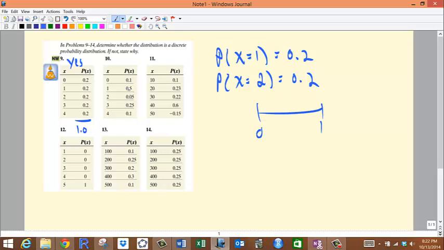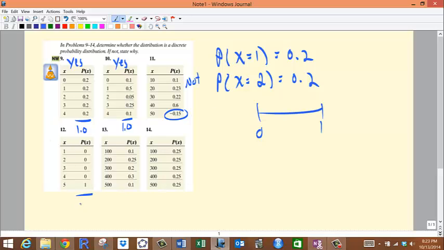So let's try this one over here. All the probabilities must add up to 1. So we got 50, 75, 85, 95, plus 5 is 100. So yes, adds up to 1. And all the probabilities are between 0 and 1. So yes. Now check this one. This one automatically you'll know is not a probability distribution because this probability here is not between 0 and 1. It's actually negative.